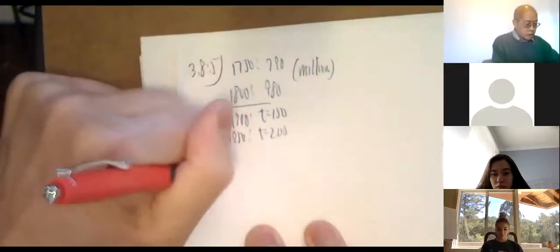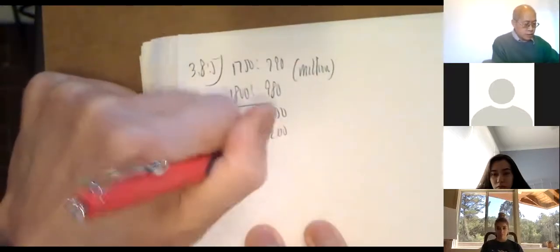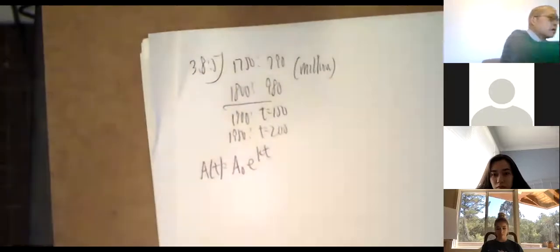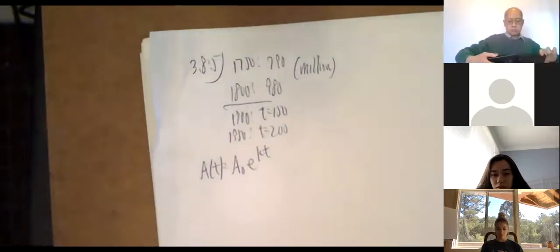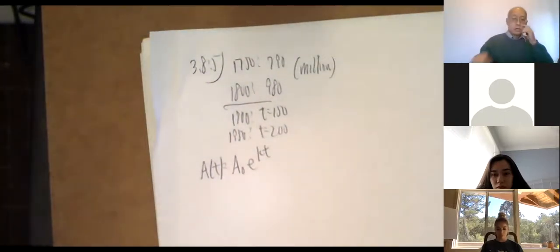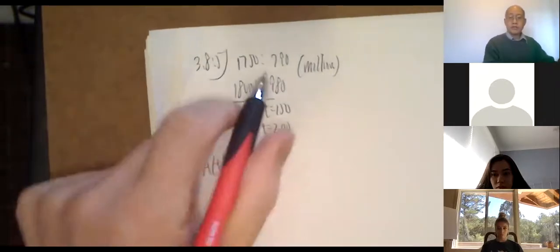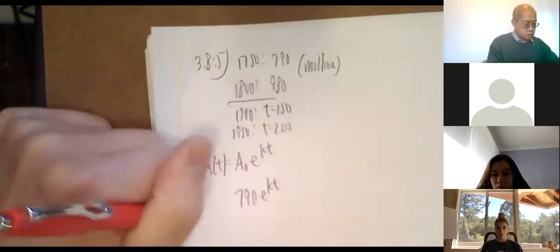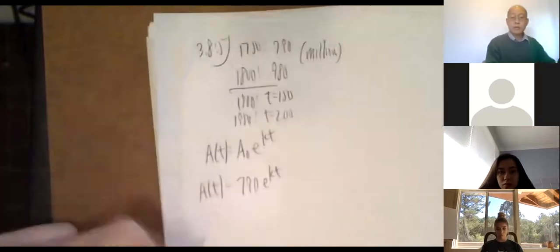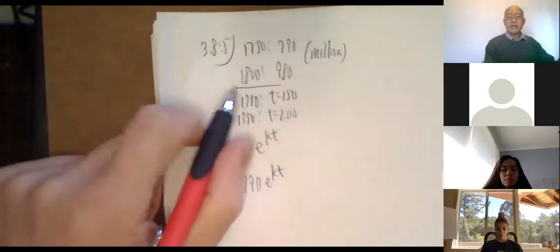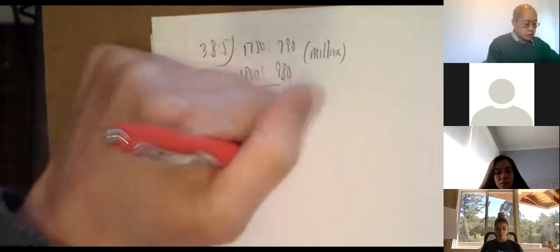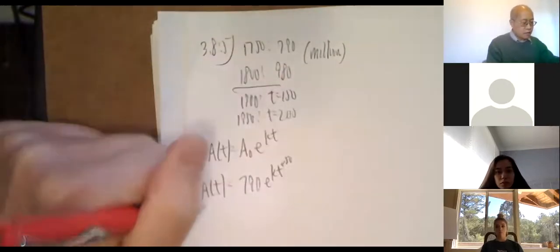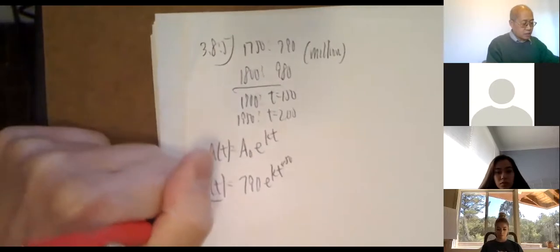So A of t equals A0 e to the kt. So we're starting at the year 1750 with 790. So 790 goes here. Okay, and then 1800 means 50 years. So I plug in 50 here and 980 here.